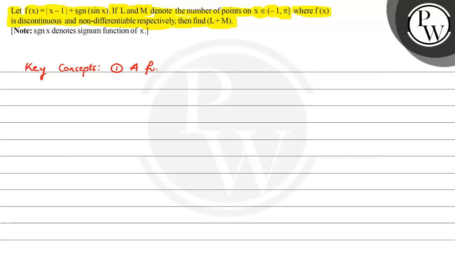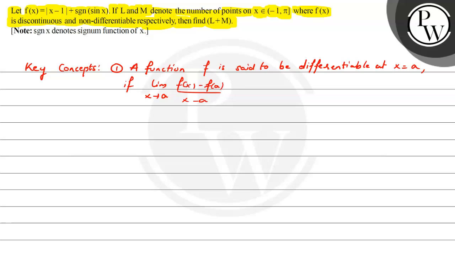A function f is said to be differentiable at a point, say x equals a, if the limit as x tends to a of (f(x) minus f(a)) divided by (x minus a) exists, and if so, then f dash at a is equal to the limiting value.